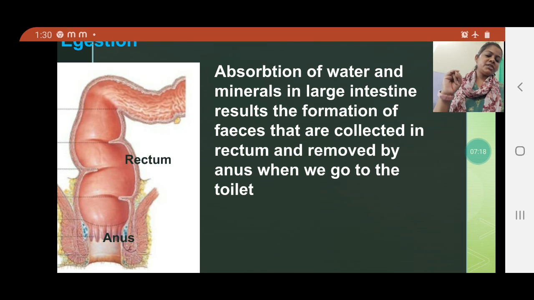In the small intestine the food is absorbed, and after that the undigested food is passed to the large intestine. There the absorption of water and minerals occurs, and then the undigested food, which is known as feces, is transferred to the rectum where it is stored, and at last with the help of the anus it comes out.